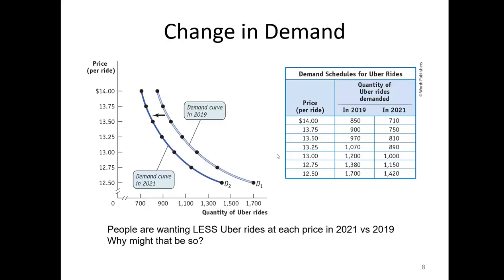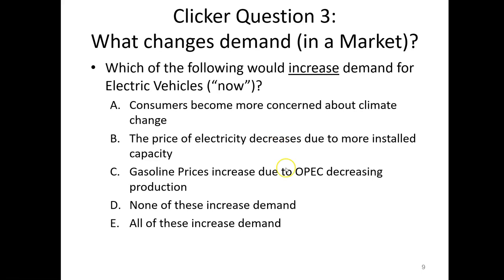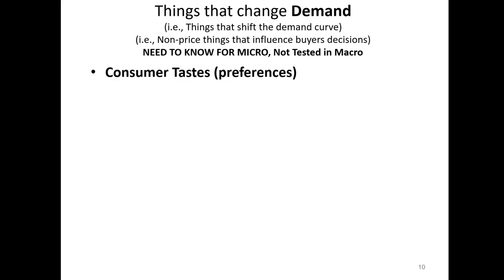So this goes over a few of these, and again, this is microeconomic, but it can also translate in many ways when we get to the aggregate economy. So what are the types of things that in general change demand? Consumer taste and preferences change.